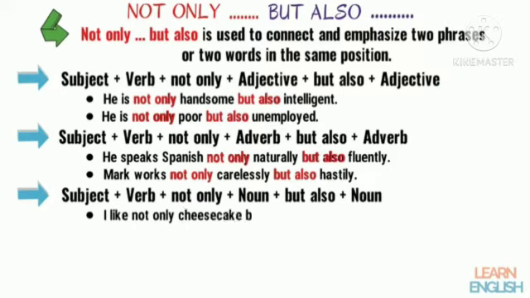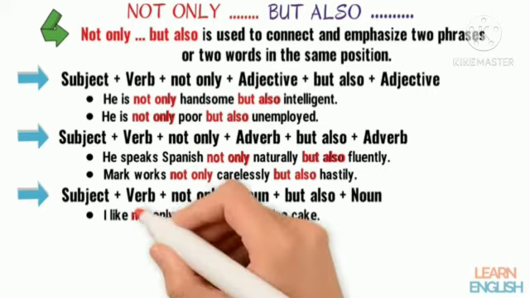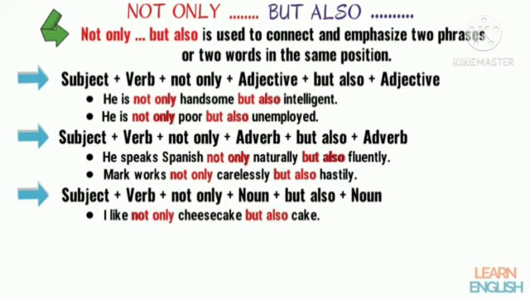Example: I like not only cheesecake but also cake. Here cheesecake and cake are the two nouns, combined using not only but also. Now see the next example. They visited not only Germany but also Spain. Here Germany and Spain are the two nouns, combined by using not only but also.